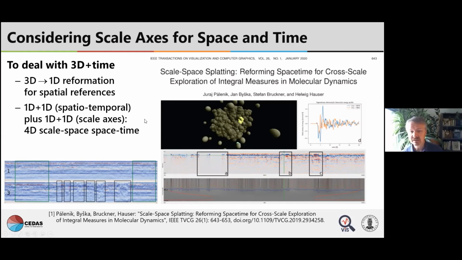Here we were in particular looking at ligands entering and navigating tunnels in proteins. And we found that we could see important differences in this development that we weren't able to see without the scale space approach. So since we know that phenomena of interest are on multiple scales, it can very well be a good idea to actually represent those scales also.